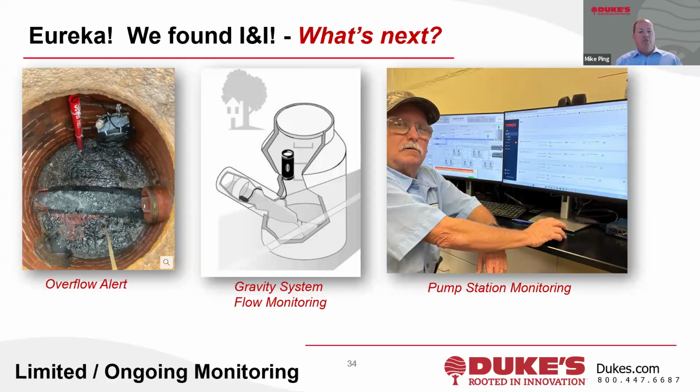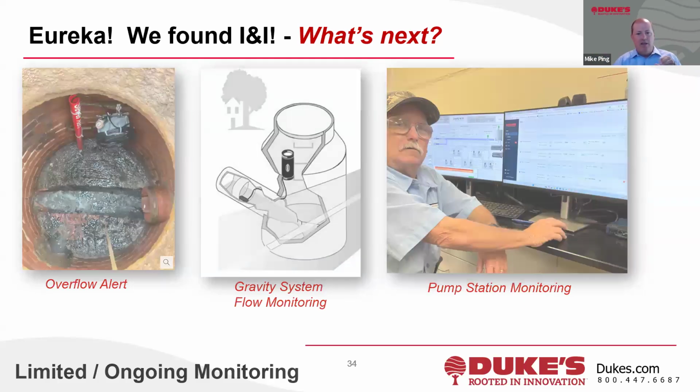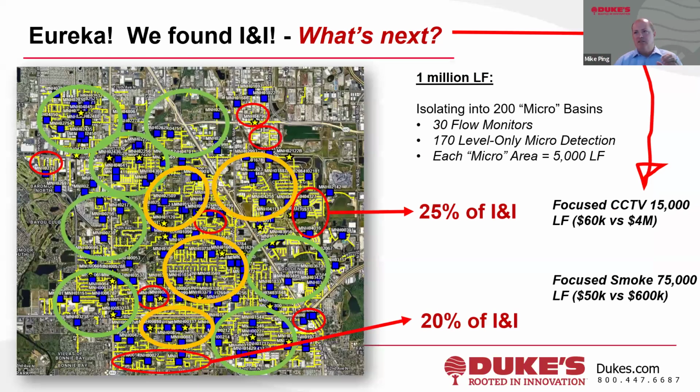This micro detection method is built around, hey, we need to find the INI, but we only have this much money available, right? There's only this much funding. So our goal is to pack as much data in as we can to locate and get that area as small as we can. This slide kind of explains it.